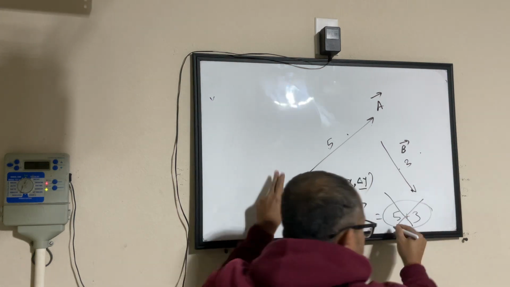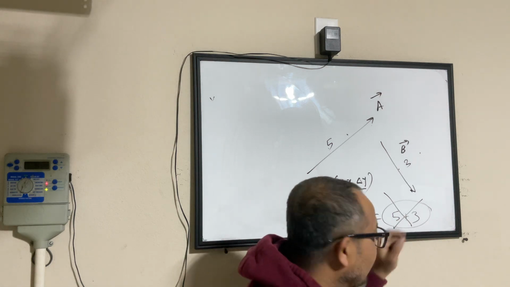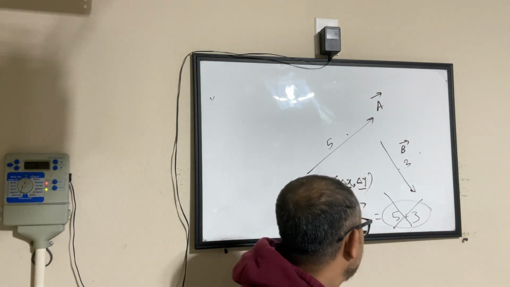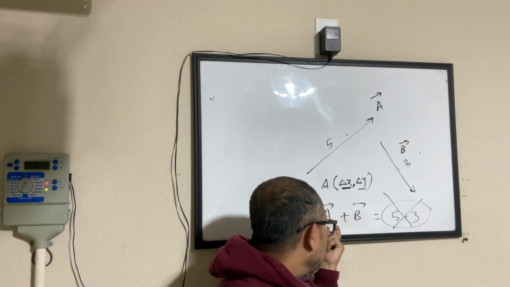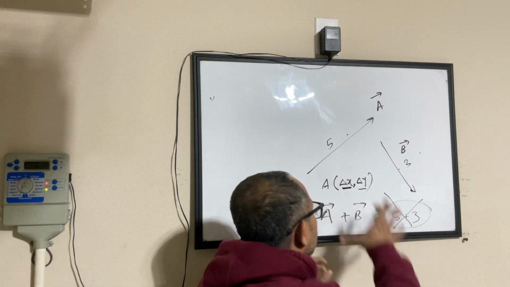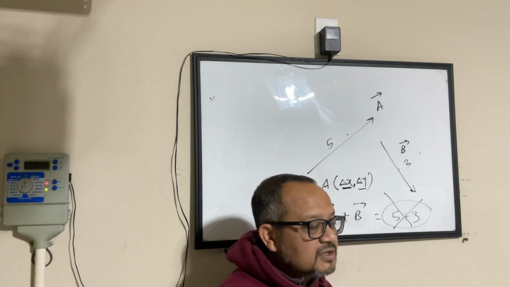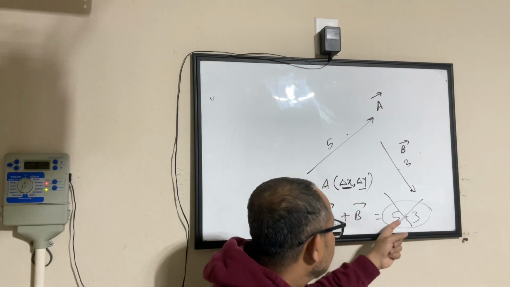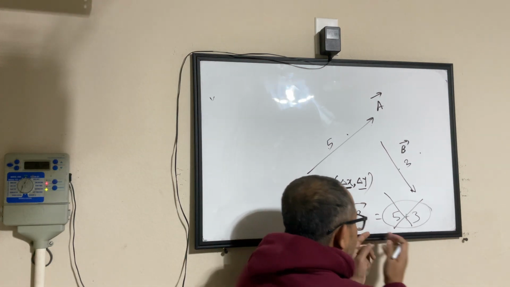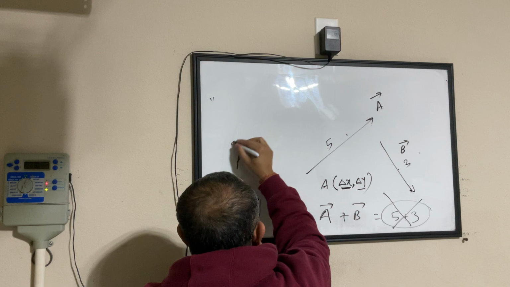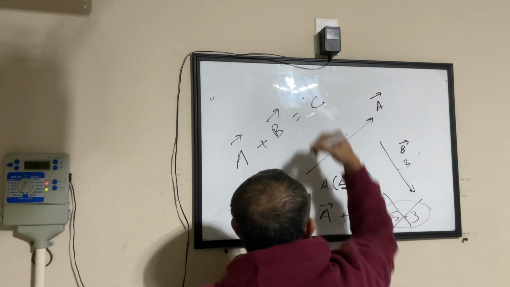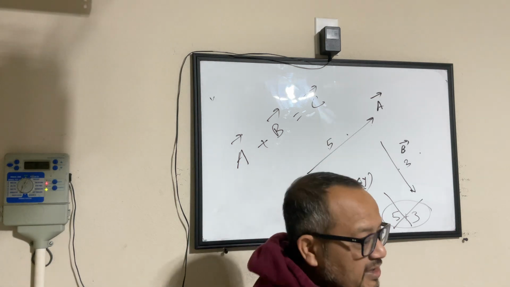I never add the magnitudes together, or we are not supposed to add the magnitudes together, because the magnitude of A and the magnitude of B just give you the size of the vector without taking the direction into account. But when you're adding vector A and vector B, you'll essentially come to a point where vector A plus B will give you a third vector C, which will again have both magnitude and direction.